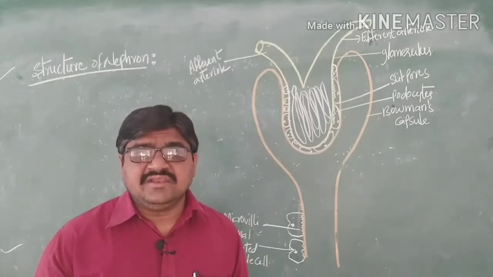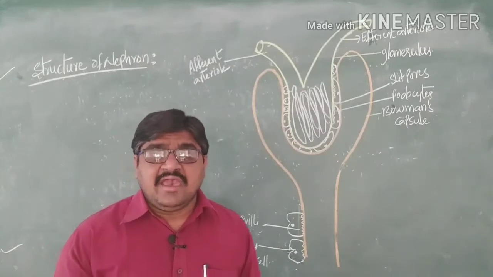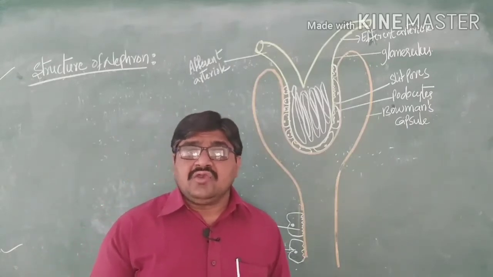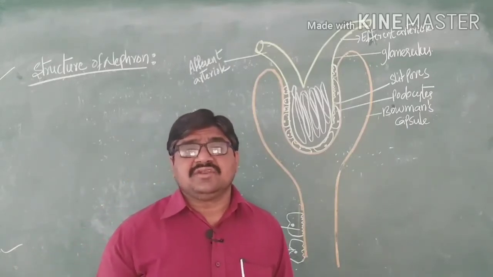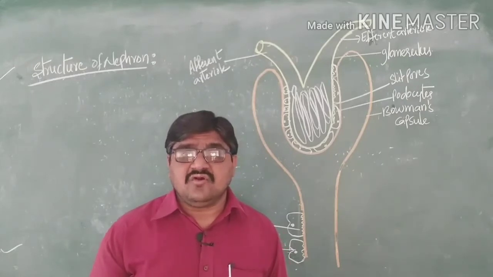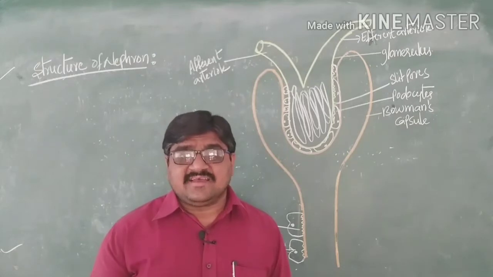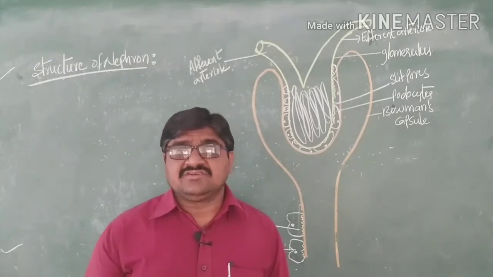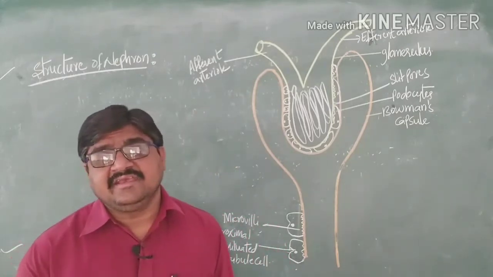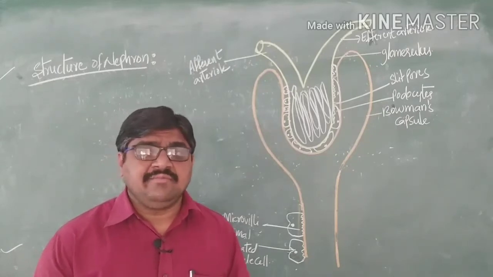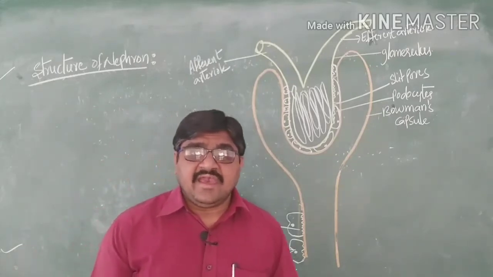Also, in the kidney, each kidney consists of uriniferous tubules. These uriniferous tubules are also called nephrons. So nephrons are the structural and functional units of kidneys. Now coming to the structure of the nephron.